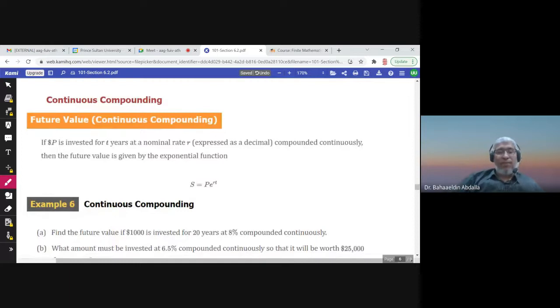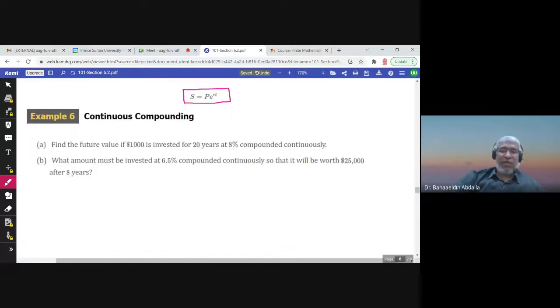All right. Now, if P is invested for T years at a nominal rate R compounded continuously now. What if it is compounded continuously? The future value would be given by this formula using the exponential function. S would be P times e to the power RT in this case.